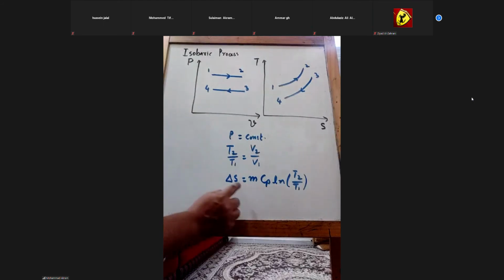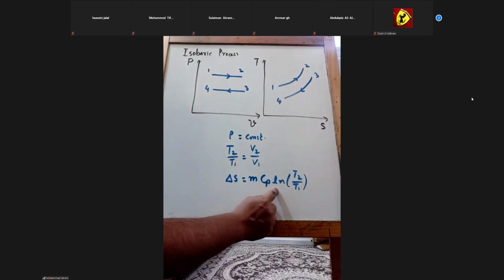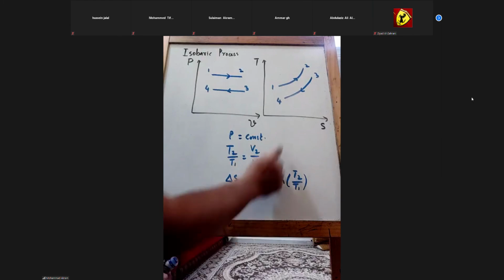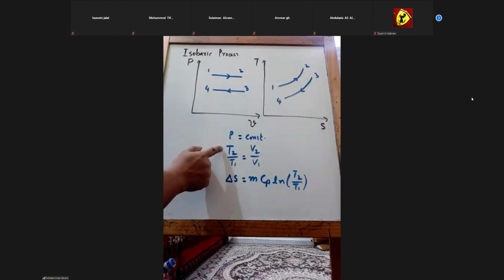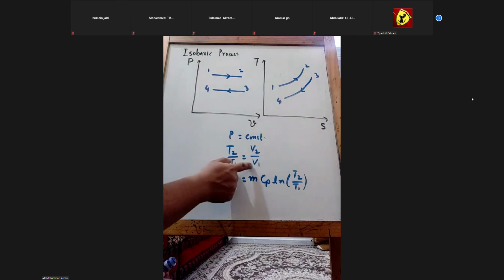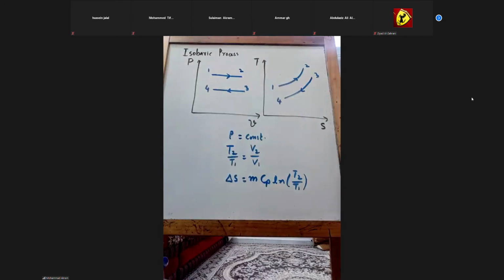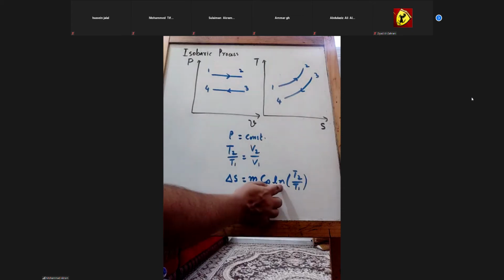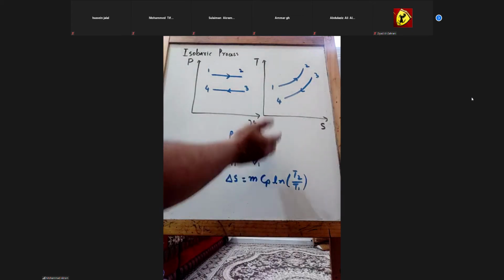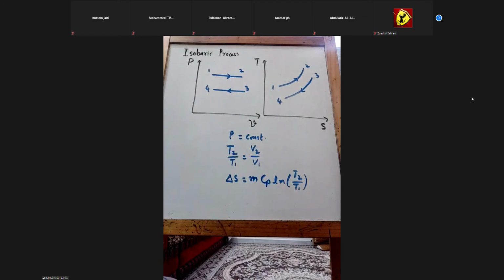See this, delta S is a natural logarithm. So this is a log curve. Temperature and volume are linear, but here it is logarithm, right? So it is a logarithmic curve. Because of this natural logarithm, it is not a straight line, it is a curve. Okay, please do it fast.